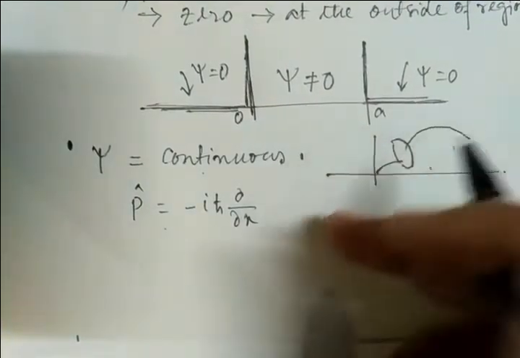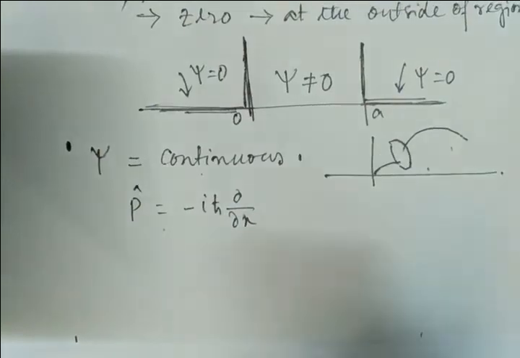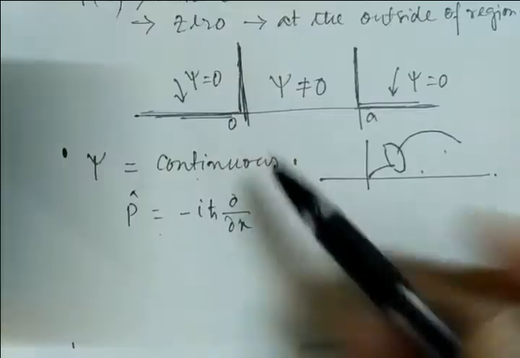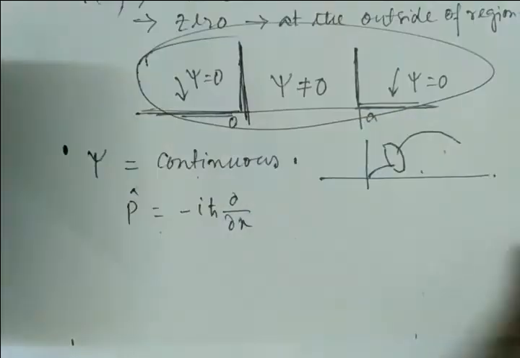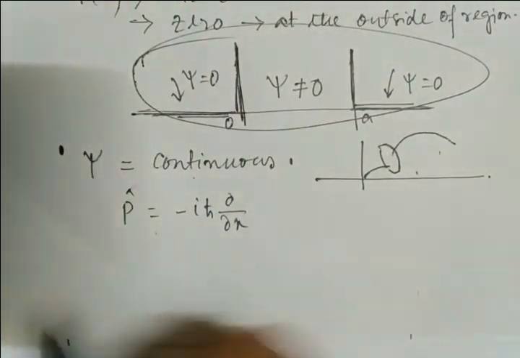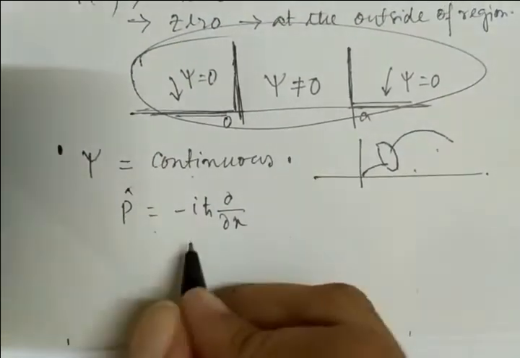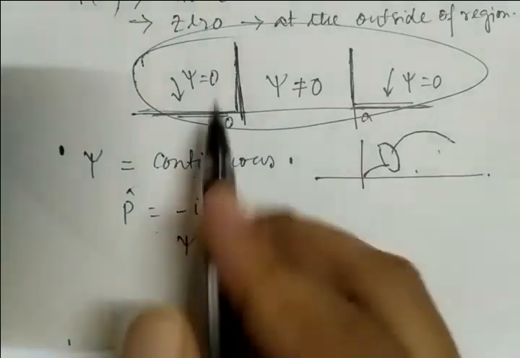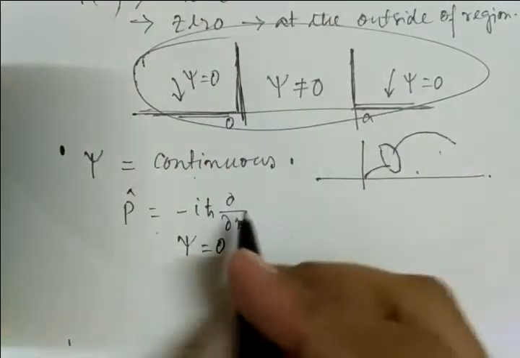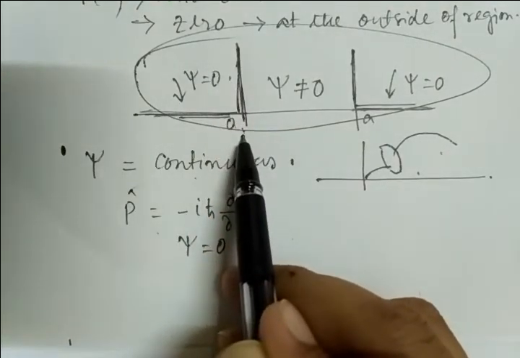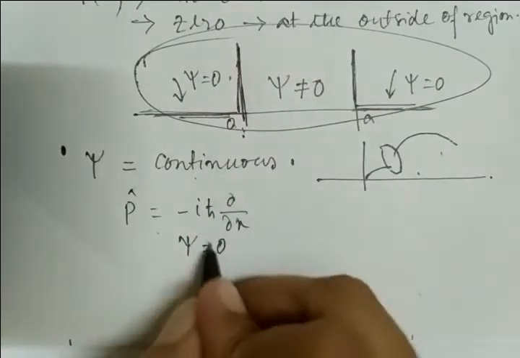Okay, so from this figure, I am highlighting this portion. What are the key points we get out of this figure? Please concentrate on this figure. Psi equal to 0 at which point?